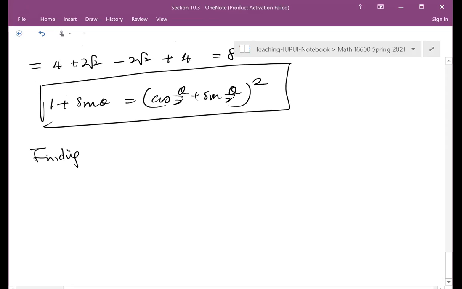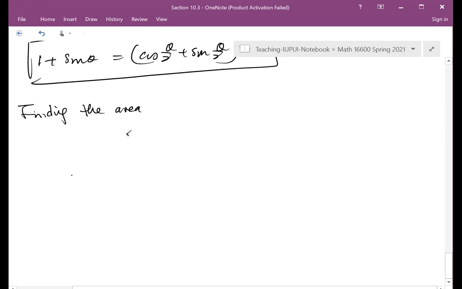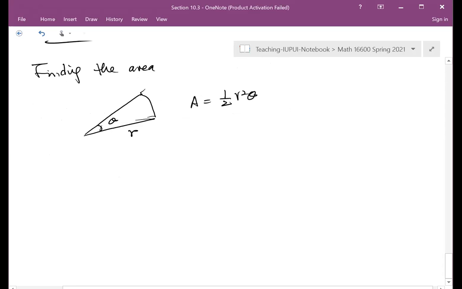There is no existing formula we can use to find the area of the region enclosed by polar curves. So before we do that, we need to look at this special formula. This is a sector, part of the circle, so the area is going to be half of r squared theta. The whole circle is A equals pi r squared.